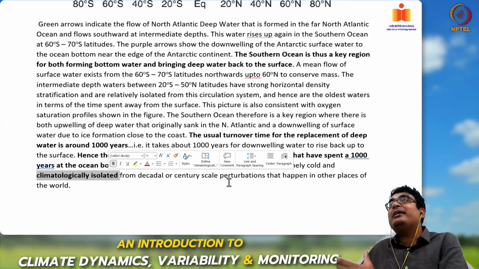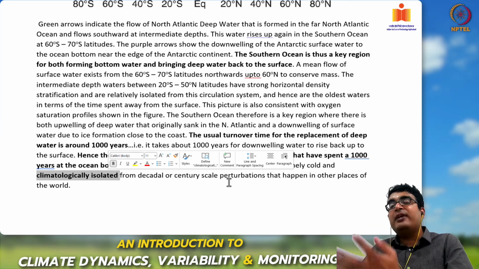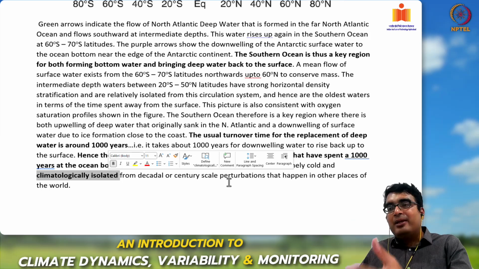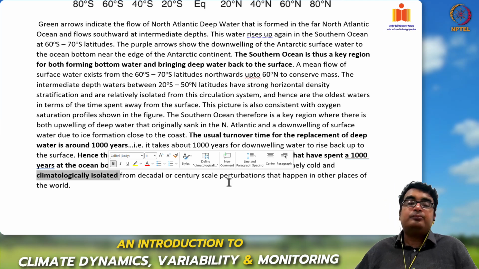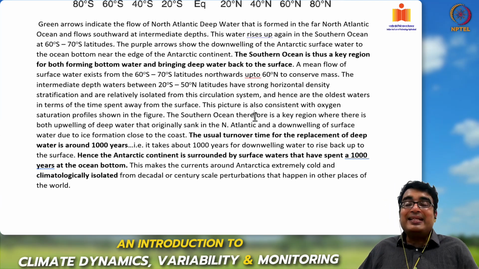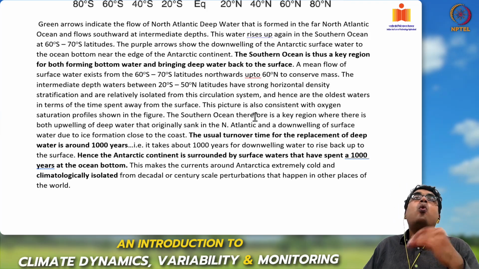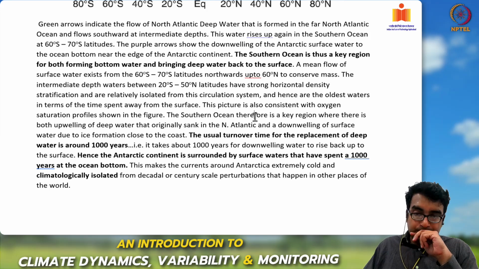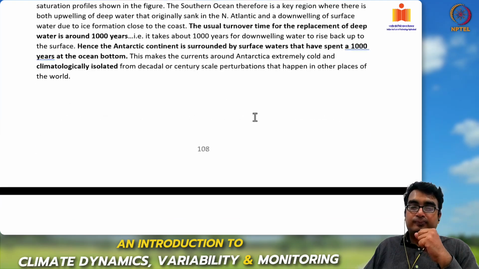Antarctica is affected significantly later by climatological changes than other parts of the world because of this old ocean water surrounding it. This is one of the key reasons why the Antarctic continent has not warmed as much as, say, Greenland or other parts of the world, where surface level waters react much more quickly to climatological changes.